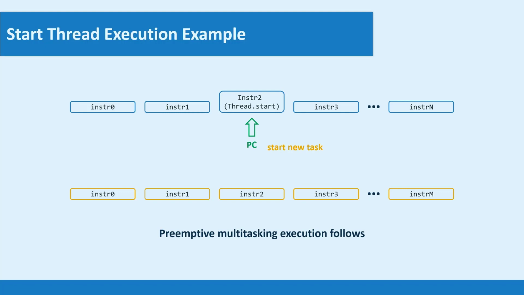We have already discussed preemptive multitasking before. It's that execution scheme where the operating system says to individual tasks, now you run, now you pause, another one runs, etc. So whenever you start a new thread, you simply add another task and the operating system picks up from there and starts executing that task concurrently with any other tasks that had been running before that point.